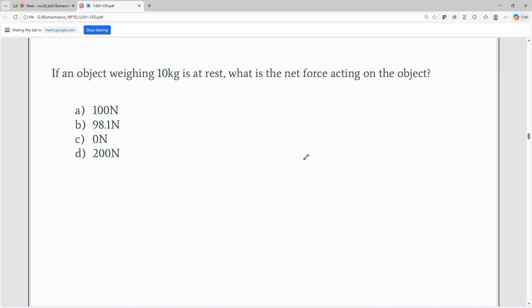Next question. If an object weighing 10 kg is at rest, what is the net force acting on the object? So the question is, if an object weighing 10 kg is at rest, then what is the net force acting on the object?